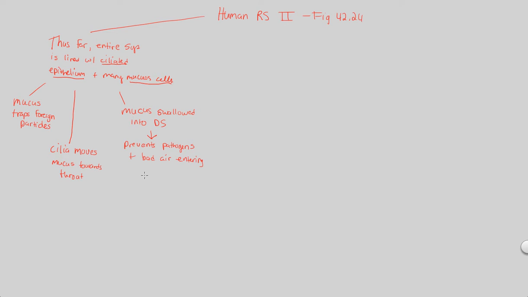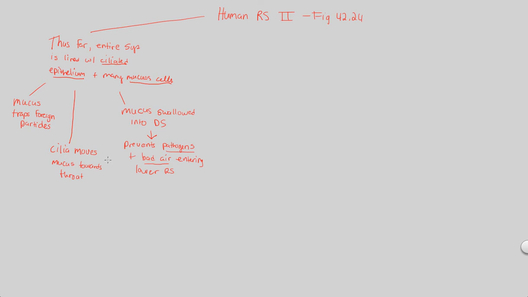Because the lower respiratory system is a bit weak in the sense that it's not very good at fighting off infections. We know that the upper respiratory tract is very good at fighting off infections because that's really where colds happen. But in terms of the lower respiratory tract, like the lungs, you really don't want anything getting in there that shouldn't be there because it's such an important life harboring area that you want to make sure anything that's bad, like bad air or pathogens, really stays out of there. The cilia movement and the mucus trapping particles really ensures all of that.